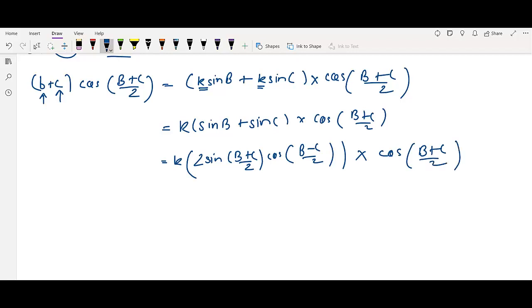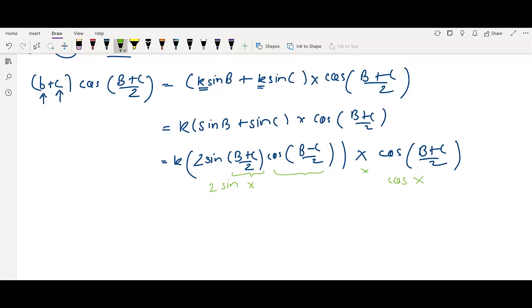Okay, now say I call b plus c by 2 as x, for the time being. Let me call this thing right here x. I get 2 sine x into whatever this term is into cos of x, because I just said that b plus c by 2 is x. Cos of x.